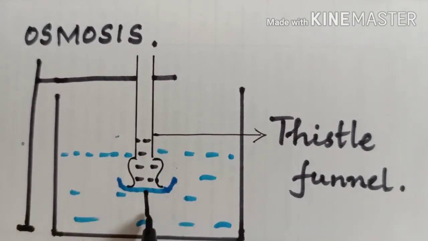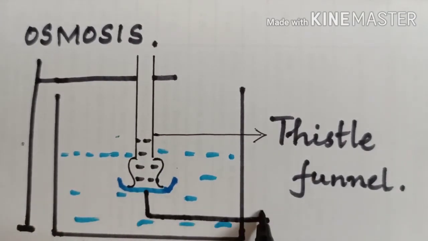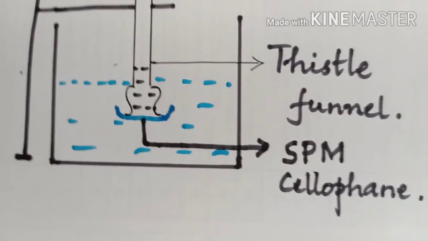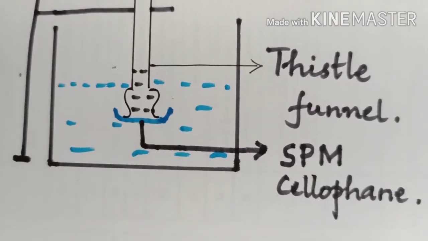It is separated from water using a semi-permeable membrane like cellophane. So what do you understand by a semi-permeable membrane? A semi-permeable membrane is a membrane which allows only the solvent molecules to pass through.